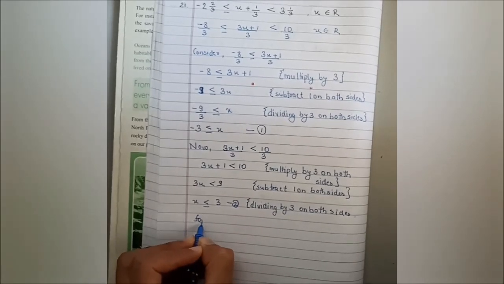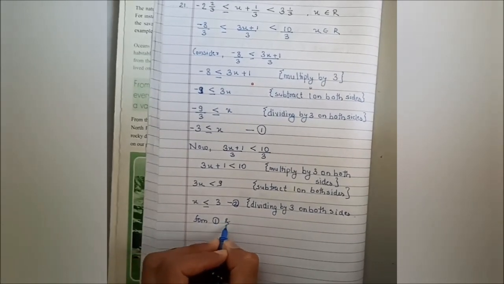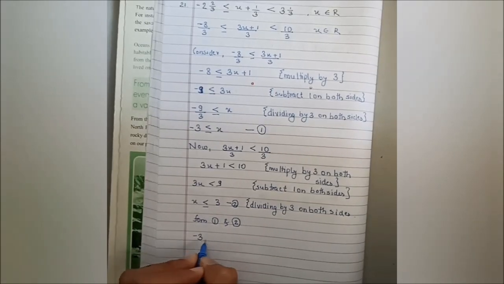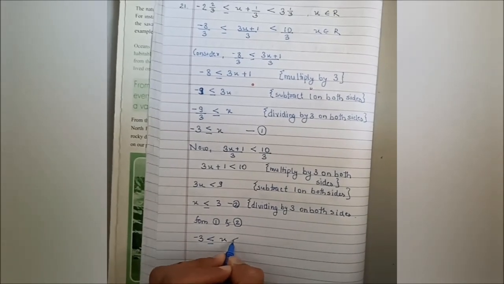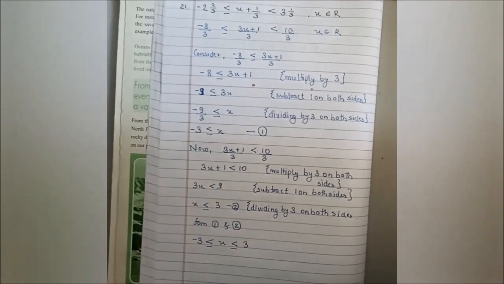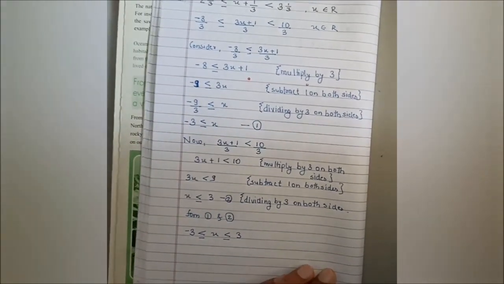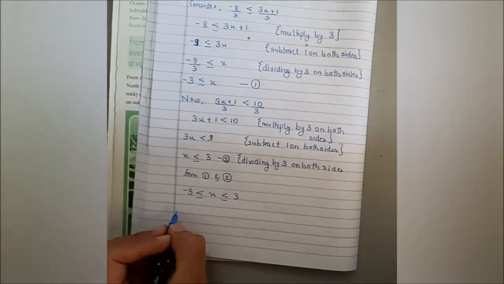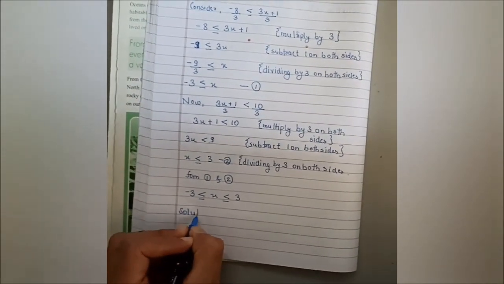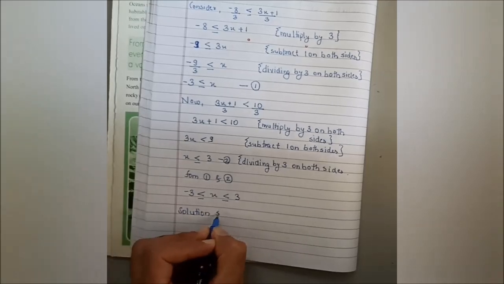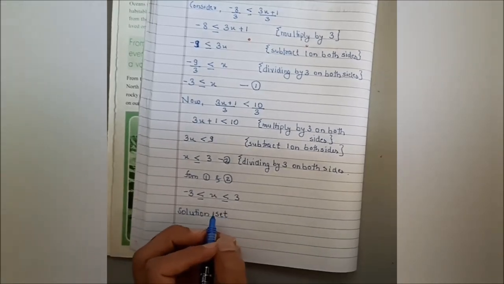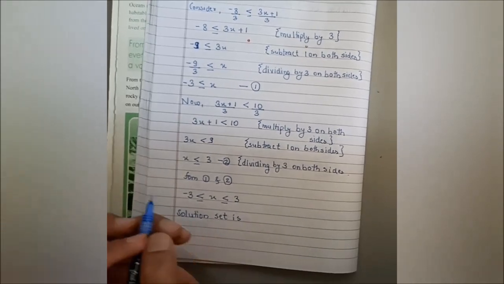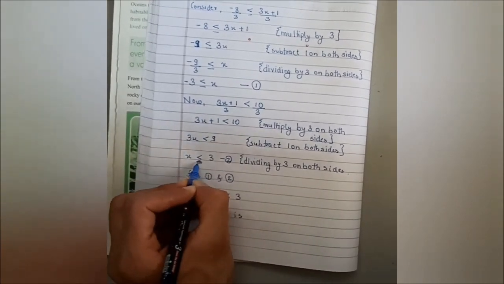Let us combine both. From 1 and 2, what I have is -3 less than or equal to x less than or equal to 3. Therefore solution set is... here it is less than, not less than or equal to.